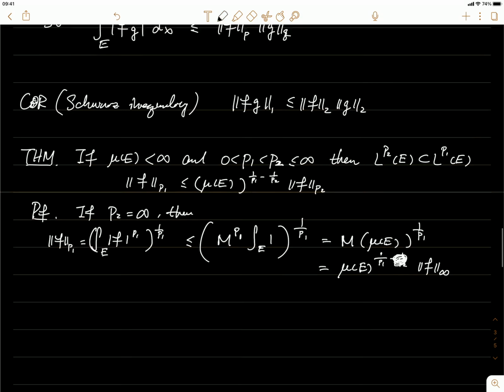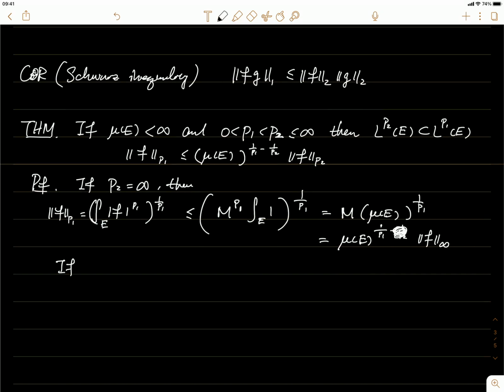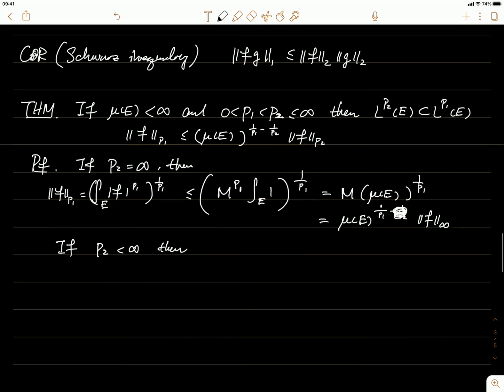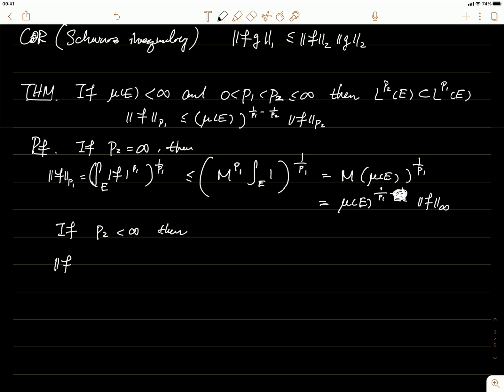Okay, so it's easy. But if P2 is smaller than infinity, then we can do something similar. So this is the P1 norm, right? And this is the integral of F to the power P1, to the power 1 over P1. And we'll say that is equal to F to the power P1 times 1 to the power P1.